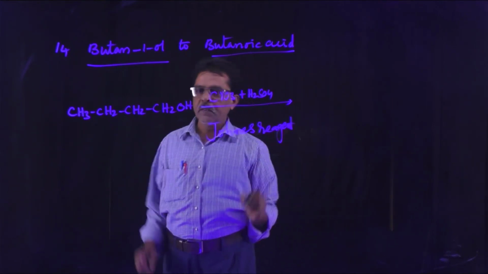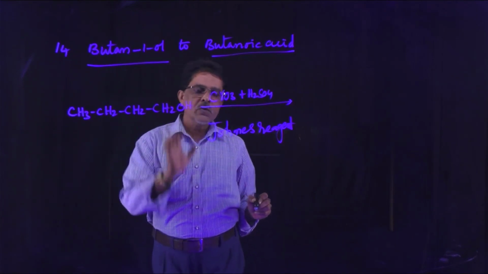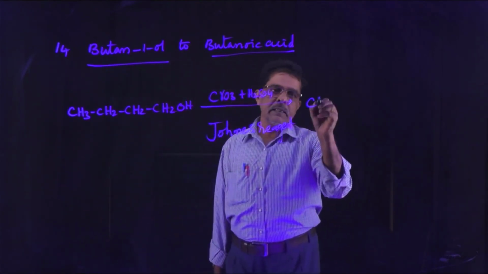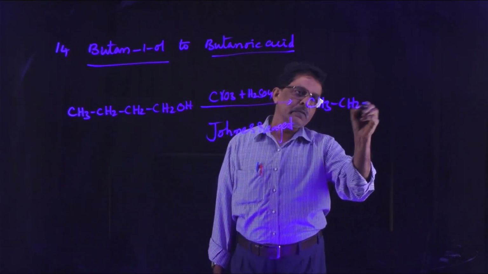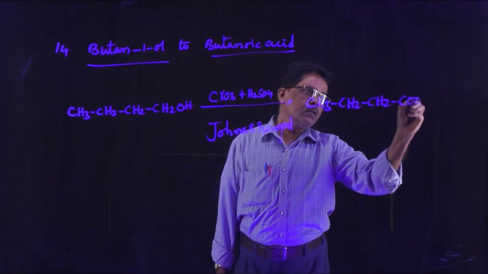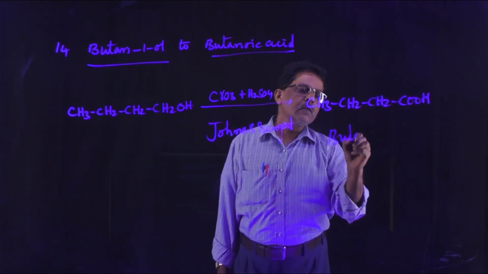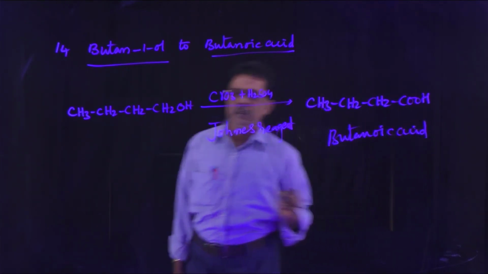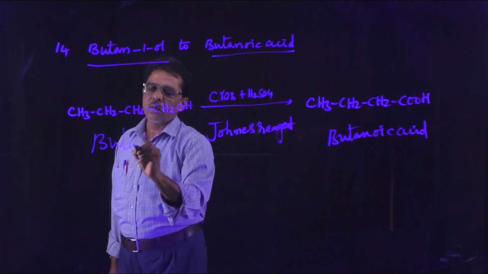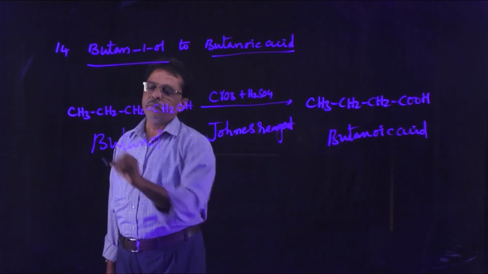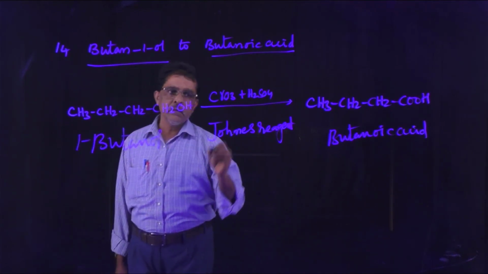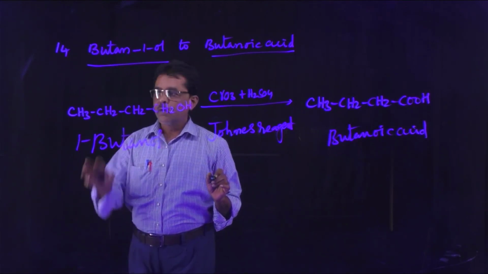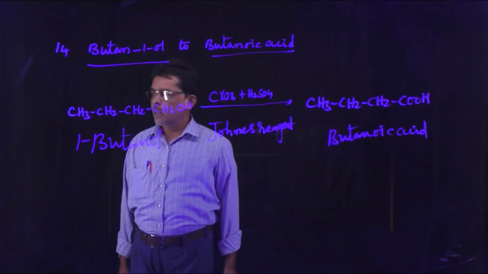This Jones reagent oxidizes butanol into butanoic acid, CH3, CH2, CH2, COOH. This one is the butanoic acid, and this one is the butanol. So Jones reagent is one important reagent. Alcohols are oxidized into carboxylic acids.